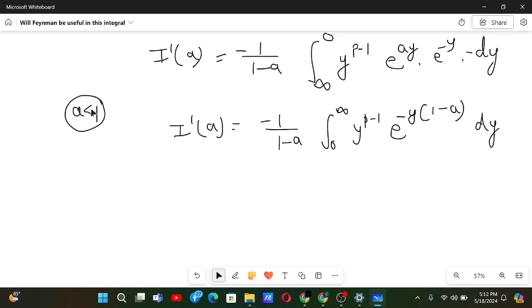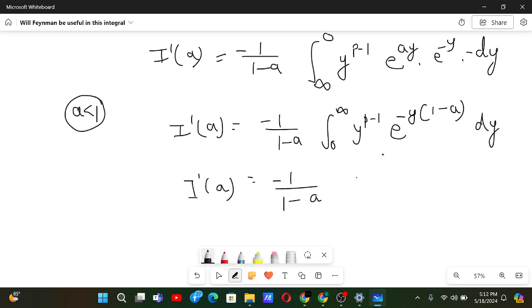But if a is less than 1, 1 minus a is more sensible because it is positive. Good. Now, I dash of a is equal to minus 1 by 1 minus a, and now this is just gamma p by 1 minus a to the power p.